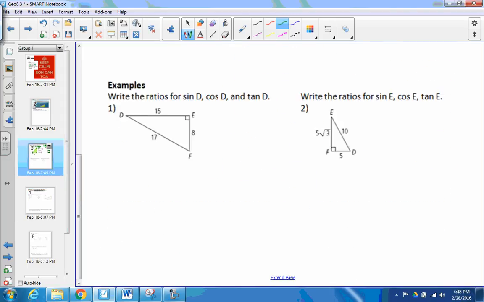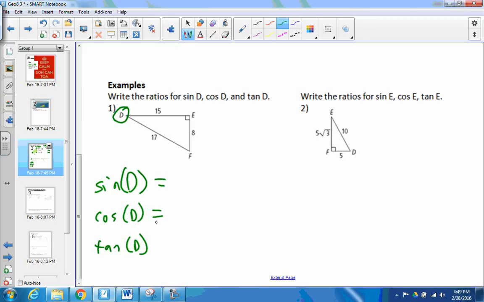Got a couple problems here, and I'm only going to do some from each, so try the other ones on your own. It says write the ratios for sine, cosine, and tangent of angle D. Remember SOHCAHTOA. The sine of the angle is the opposite side over the hypotenuse.